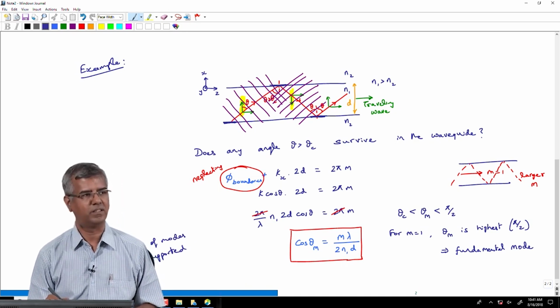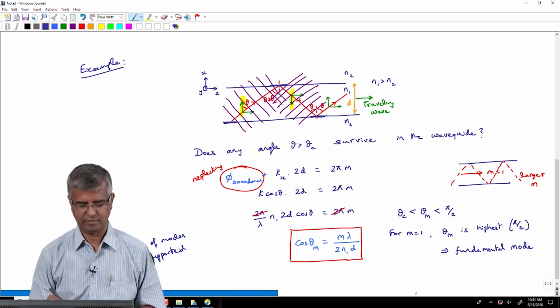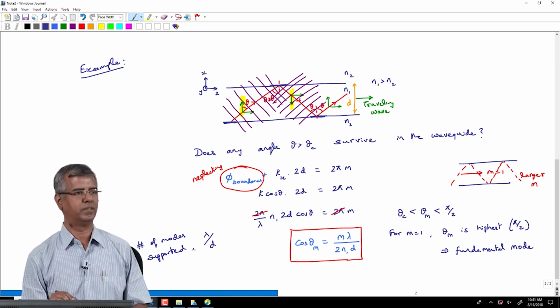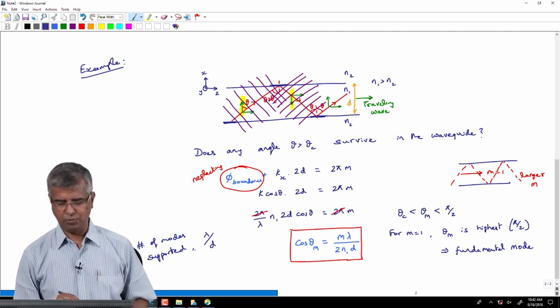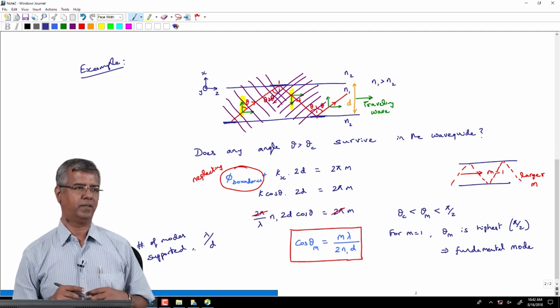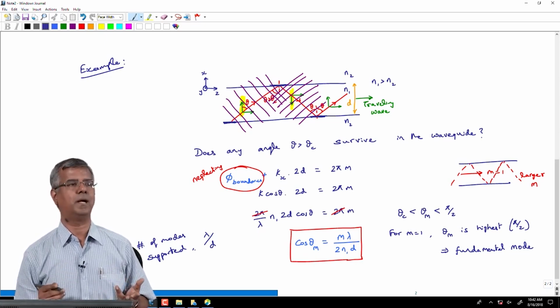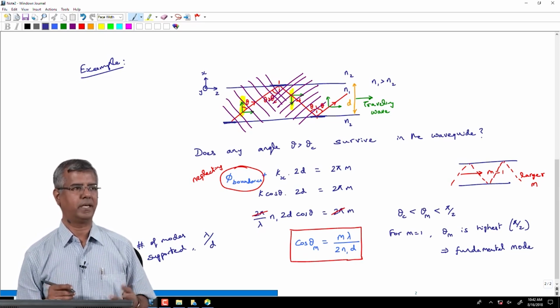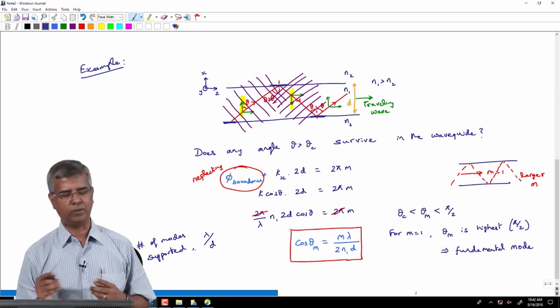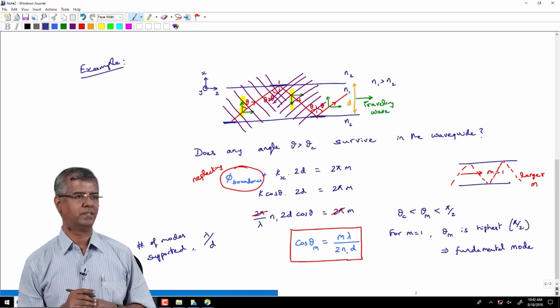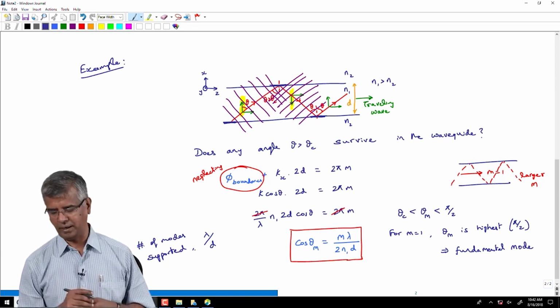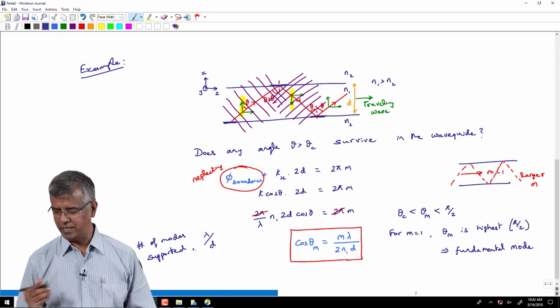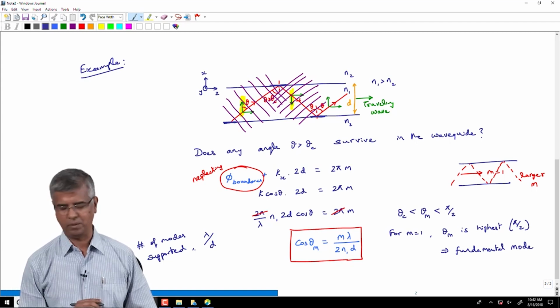what do you think it depends on? It depends on this lambda over d value, right. So, you will find that if d approaches lambda, okay, only one value of theta m can be satisfied, and you will have only the fundamental mode propagating.